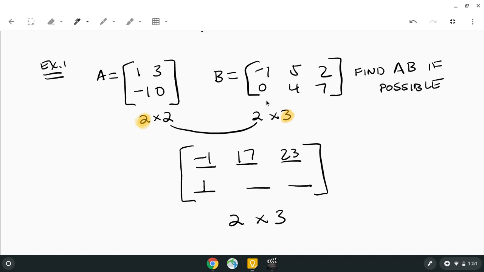Okay, and then we do the same thing over here. I am in the second row, second column. So I will use the second row, this one, and my second column, this one. Okay, 2 elements here, 2 elements here. So -1 times 5 is -5. 0 times 4 is 0, so -5.